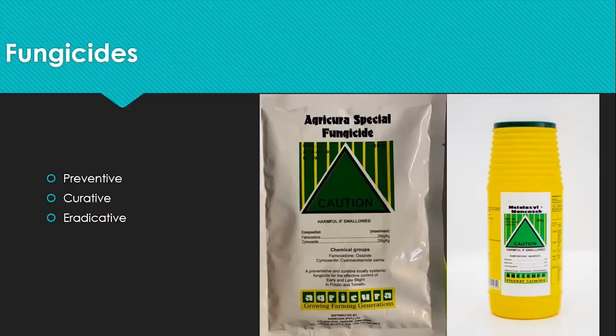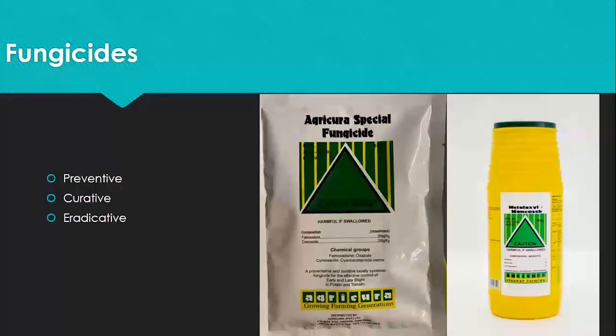For example, we do have the Agricura special fungicide, 2 active ingredients as well. It's systemic and it's very effective for the control of blights in tomato and potatoes for all your horticultural farmers, and also metalaxyl plus mancozeb, again 2 active ingredients which are very good in controlling diseases.